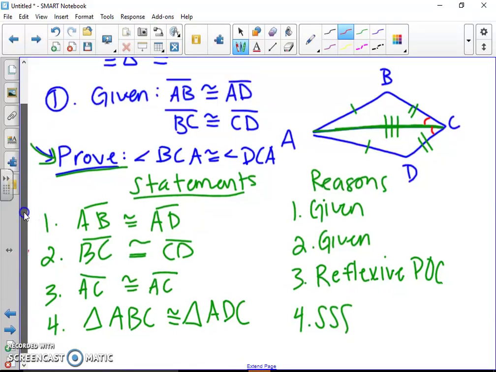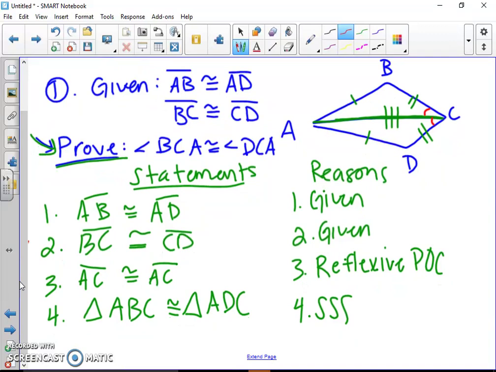And we are allowed to say that because let's look at these two triangles, ABC, ADC. BCA, right here, is that a corresponding part? Is that a corresponding angle to ADC? Yeah, it is, because it's in between these two congruent sides. So those angles are corresponding.